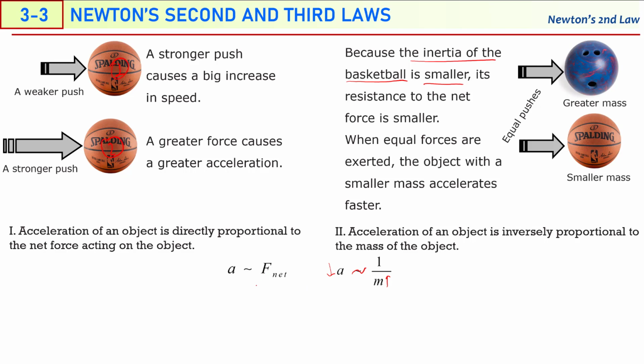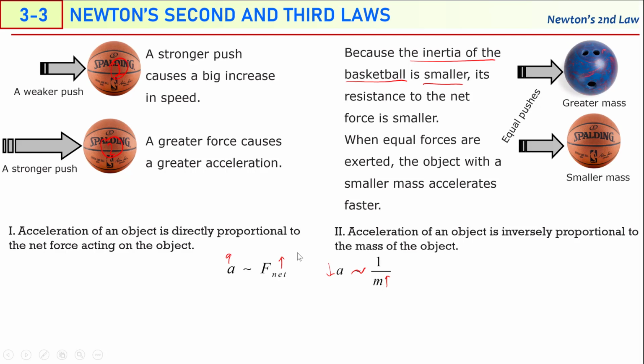But the relation between net force and acceleration is directly proportional. As net force increases, acceleration increases. If we combine these two, we get the equation which calculates the acceleration of an object, which is net force divided by the mass of the object: a = F_net / m.